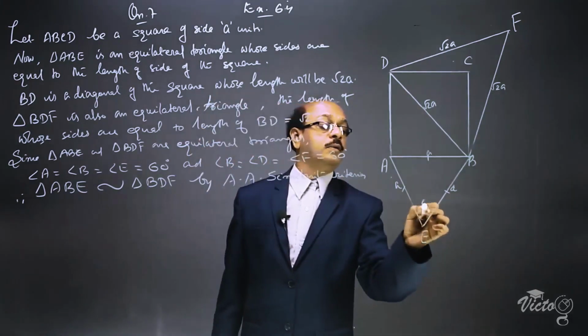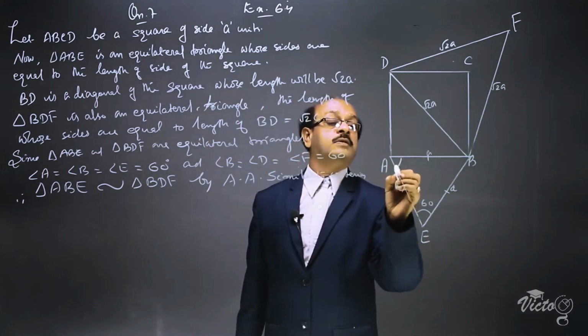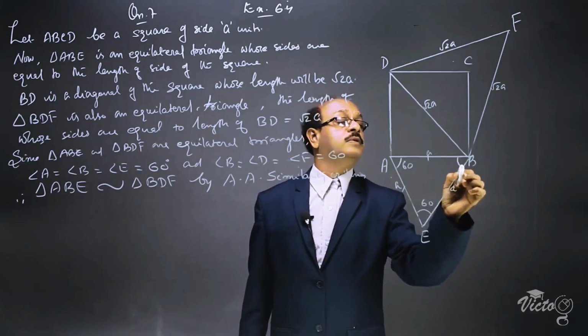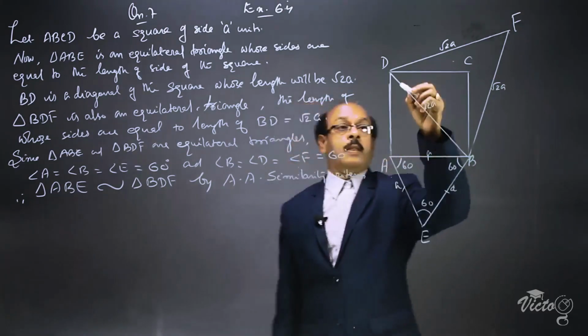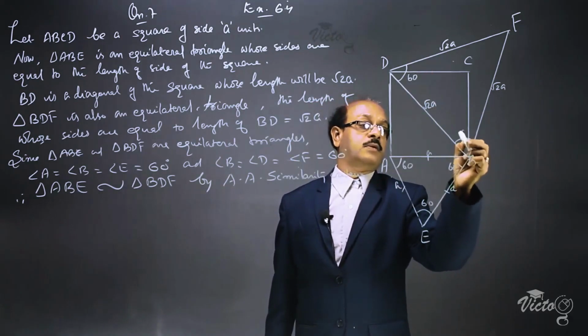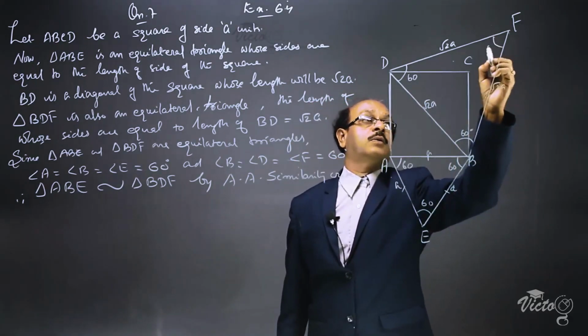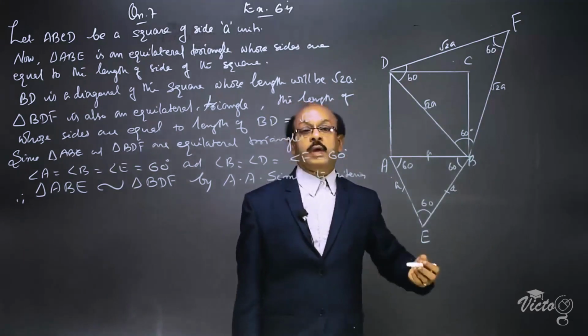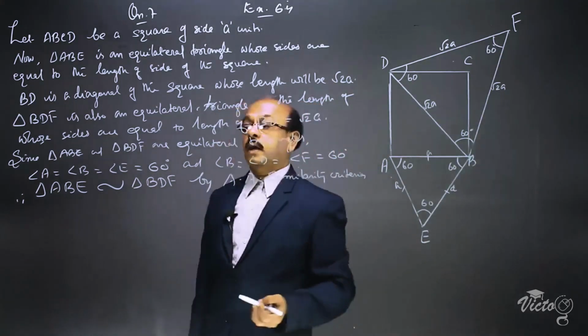Each of these angles is equal to 60 degrees. Now, we can use the property of areas of similar triangles.